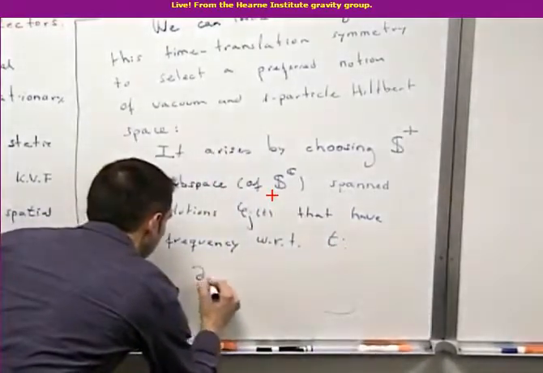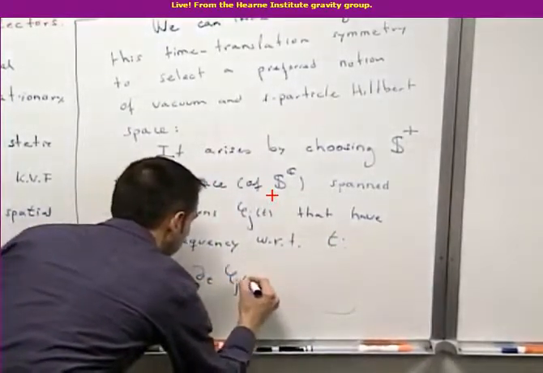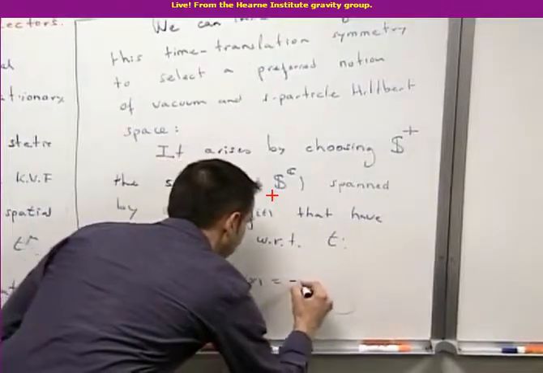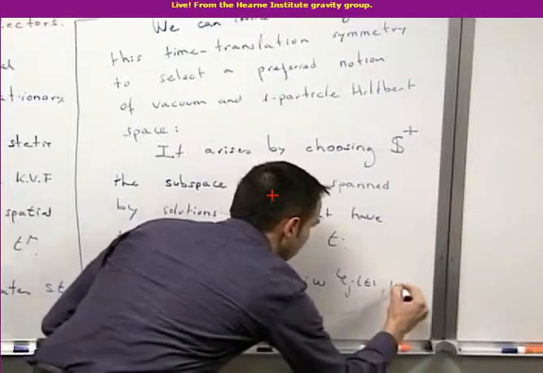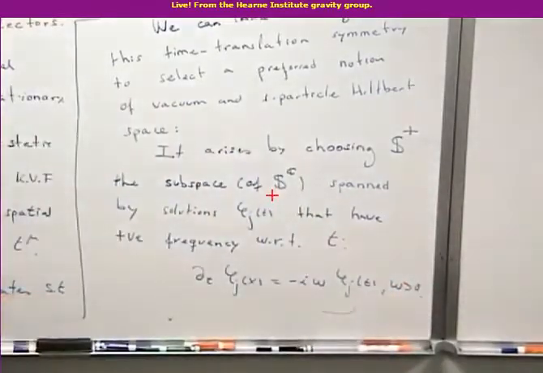So if you take the time derivative, you get minus i omega times the field, with omega larger than 0.